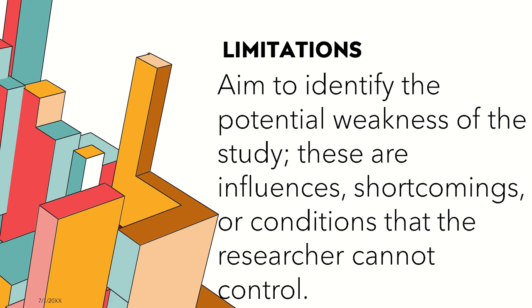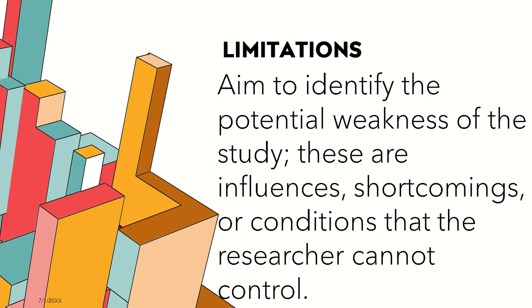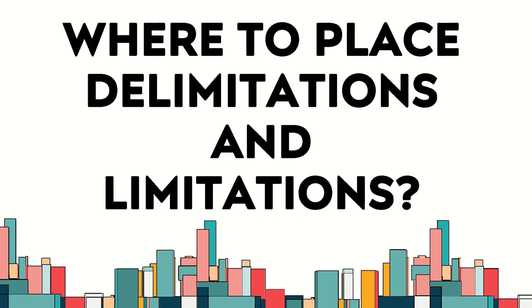These are influences, shortcomings, and conditions that the researcher cannot control. So, meaning the delimitation is already the boundaries of your study. These are the things that you need to be limited to with regard to your study. While limitations are the influences that might potentially affect your study beyond your control.